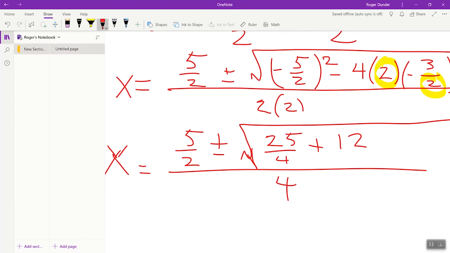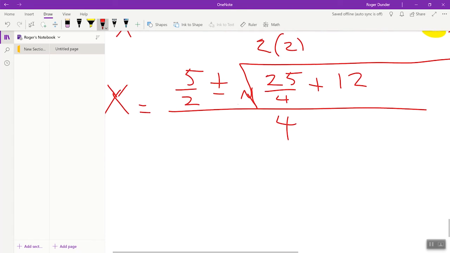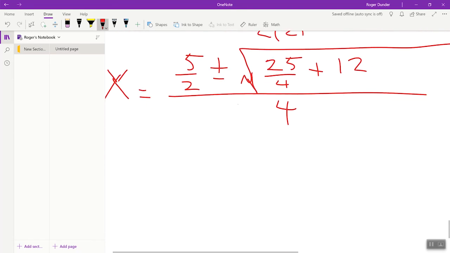Okay. So let's go ahead and simplify. So x equals 5/2 plus or minus the square root of, now here we have to do some simplification. We need a common denominator inside of the radical. We need a common denominator of 4. 4 times 12 is 48.